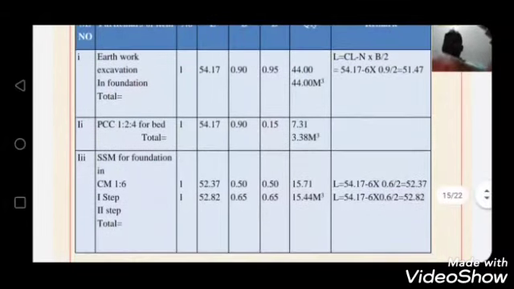Second one is PCC 1:2:4 for bed, 1 into 54.17 into 0.9 into 0.15, 7.31 meter cube.